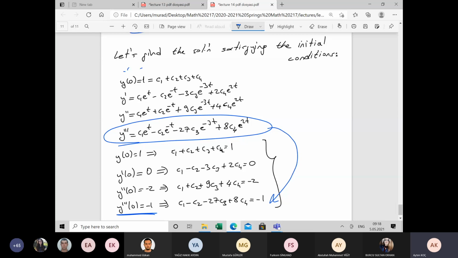So we obtain 4 equations and 4 unknowns, C1, C2, C3, C4.